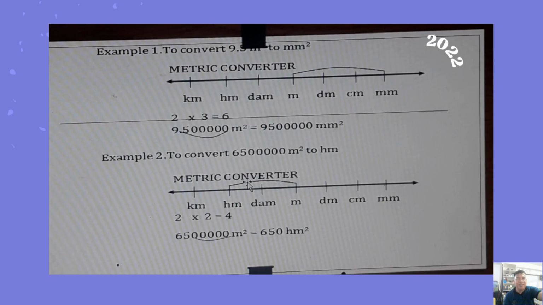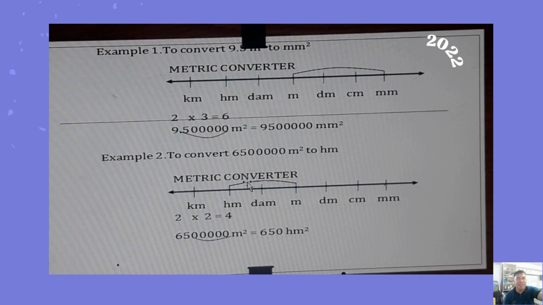That is why we have a constant value of 2. Talking about area, always multiply by 2 the movements of the original unit we converted to the next unit. In this case, 2 multiplied by 2, you have 4.